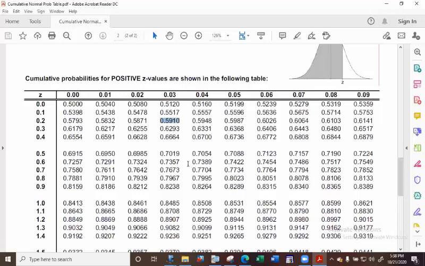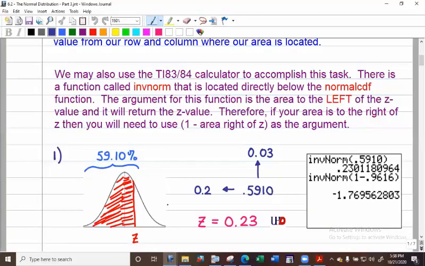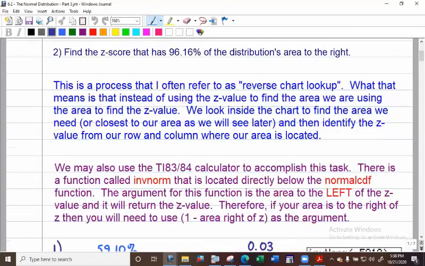Last week that was a number we were trying to get. This time it's the number that we have. So then I look at that and I figure out what row and what column that's on. It's on the 0.2 row, the 0.03 column. So that would translate to a z value of 0.23. And then there we go. So that's the process. And I'll show you the calculator after I do this one.